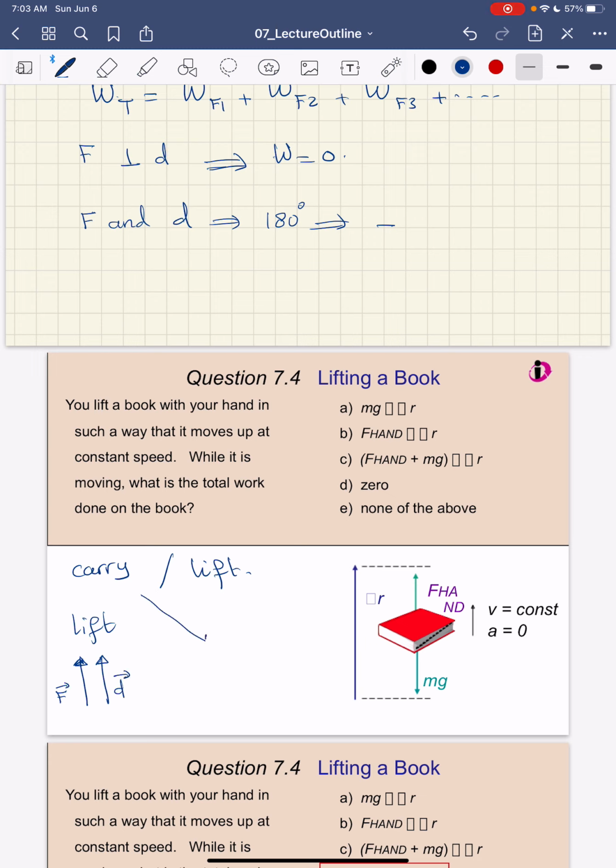When I am talking about carrying, the force again is going to be up, but my displacement is horizontal, which means 90 degrees. Then here I have theta equals 90, and this leads to the work being 0, whereas here the work is F times D.